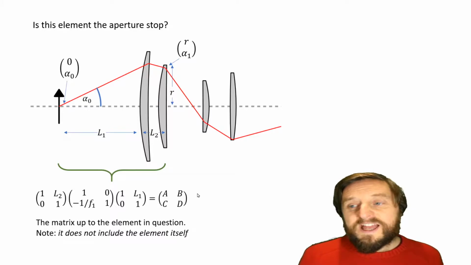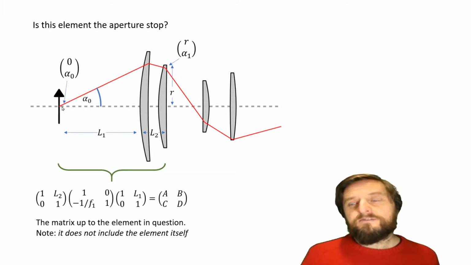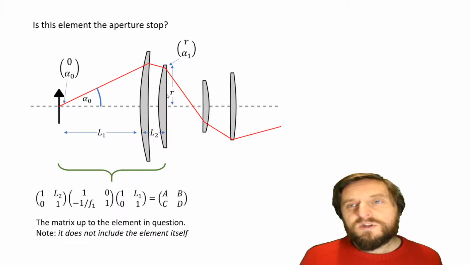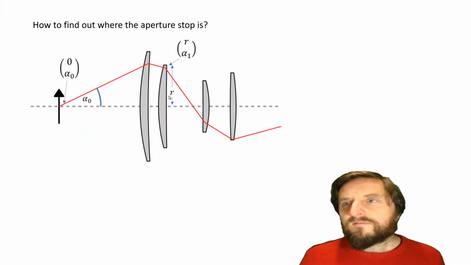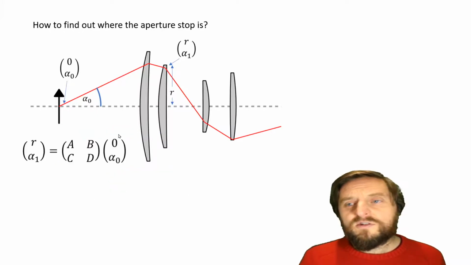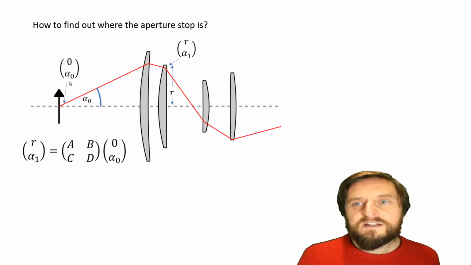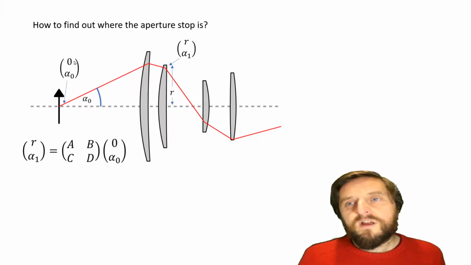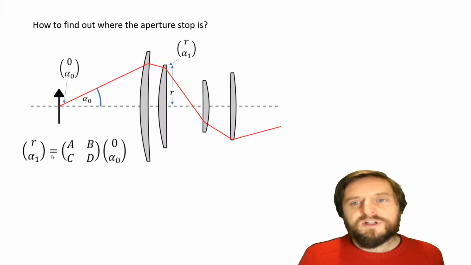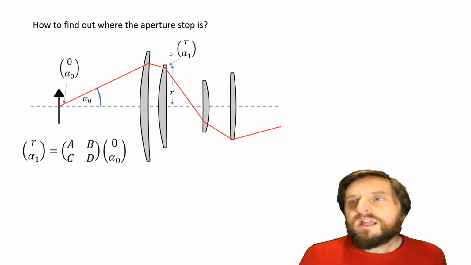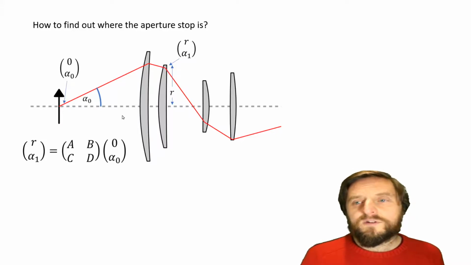So once I have this ABCD matrix for every element from the object to the element of interest, I can look at my ray tracing matrix. I know that if I take this ray from the optical axis and put it through that matrix, it's going to end up here at R, alpha 1.